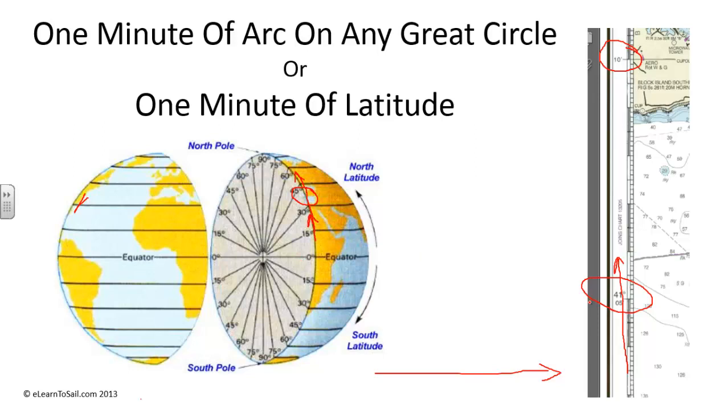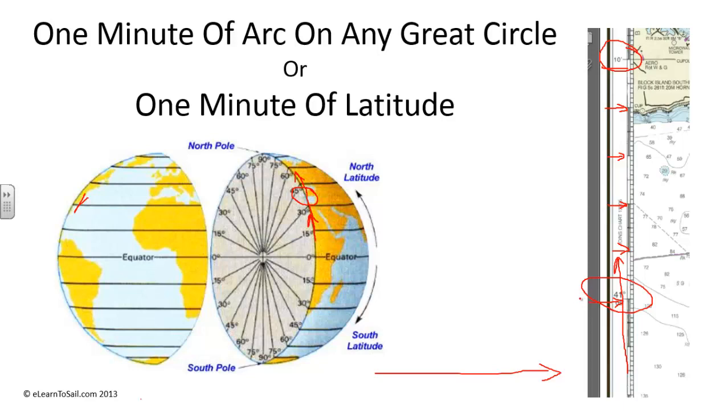Here we have 41 degrees 5 minutes, 6 minutes, 7 minutes, 8 minutes, and 9 minutes, with our final point being the 10 minutes here. So each one of these segments represents 1 minute along a great circle. Therefore, they represent 1 nautical mile.